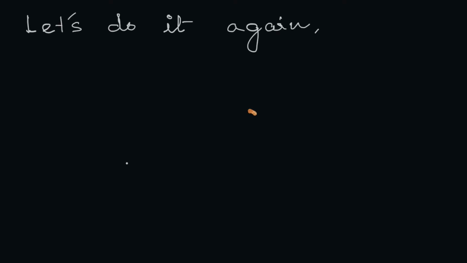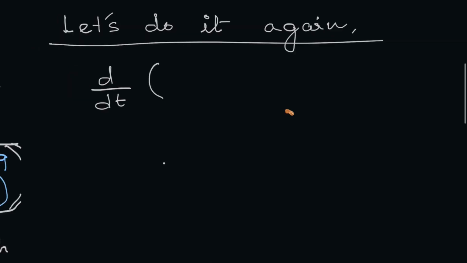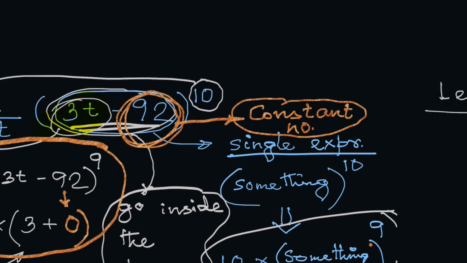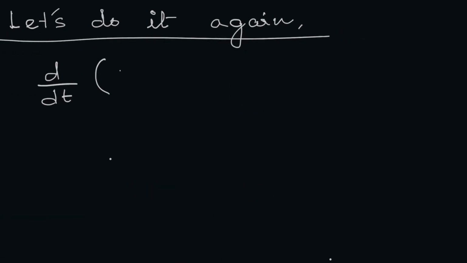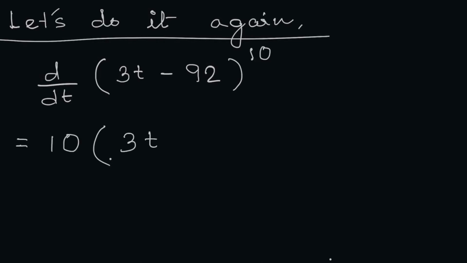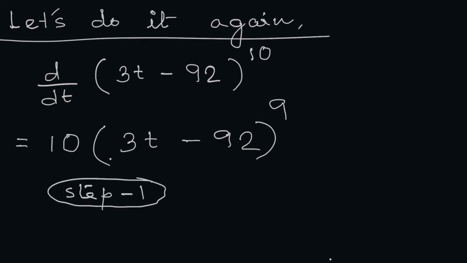So it became a little clumsy. Let us do this again. And now try to understand the two parts. So d/dt of the expression (3t minus 92) whole to the power 10. Now differentiation of this will give us 10 (3t minus 92) whole to the power 9, step 1.